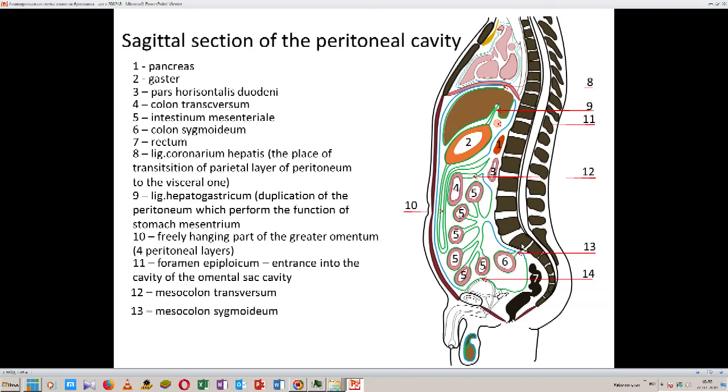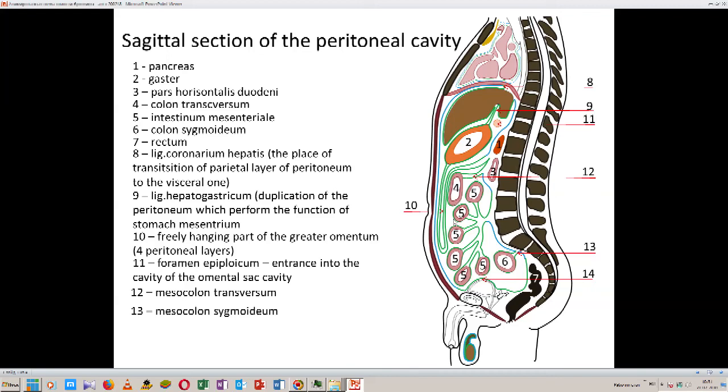But in pathological conditions, for example, in cirrhosis of the liver, in carcinomatosis of the peritoneum, malignant tumors of the abdominal cavity, here inside of the peritoneal cavity, sometimes we can find 2, 3, 5 or more liters of fluid, which is pathological fluid.